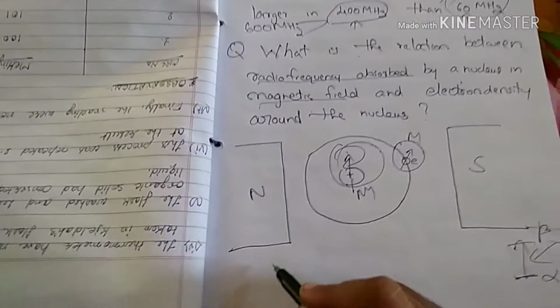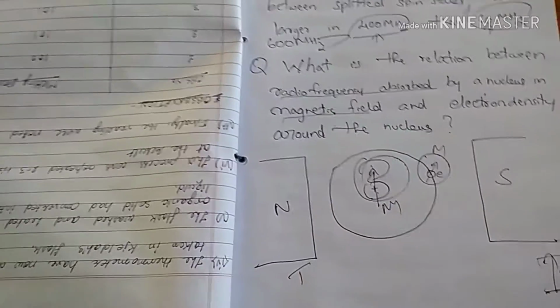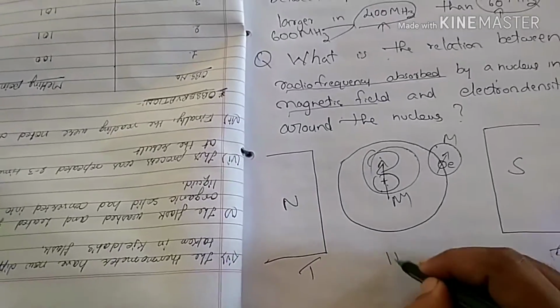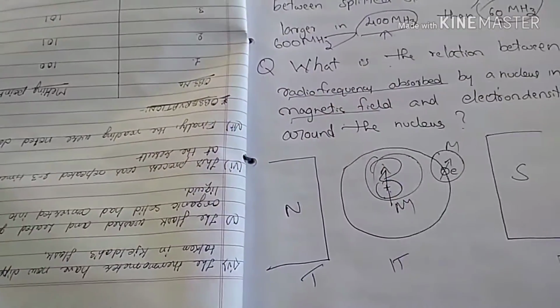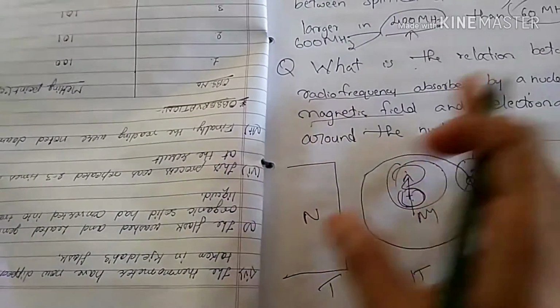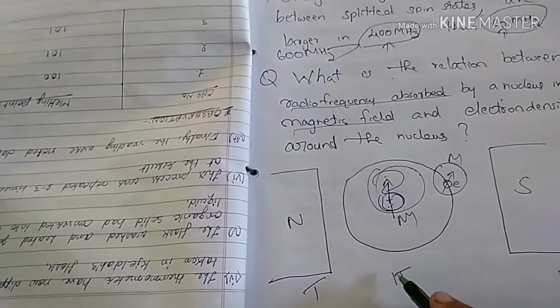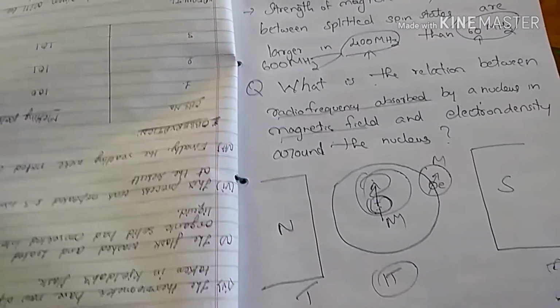For example, the magnetic field unit is Tesla. Suppose I apply 1 Tesla to this whole system. The nucleus inside the electron cloud will not get this 1 Tesla.